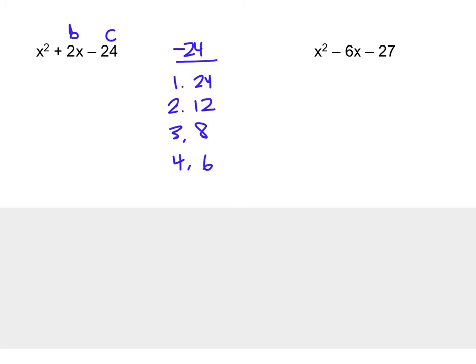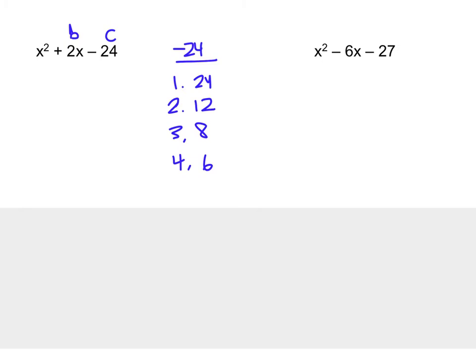Now I know that to get a negative 24, when I multiply factor pairs together, I need one positive and one negative factor. So the question is, should it be a negative 1 or should it be a negative 24? Should it be a negative 2 or a negative 12? I could think through every possibility till I come up with the one that's going to add up to our B value, but we can get there a little bit faster by just knowing a couple of tricks about how these work.